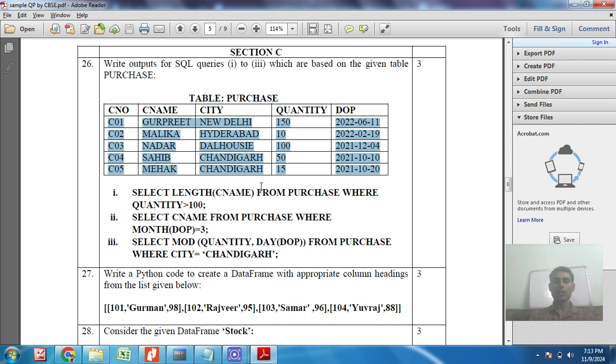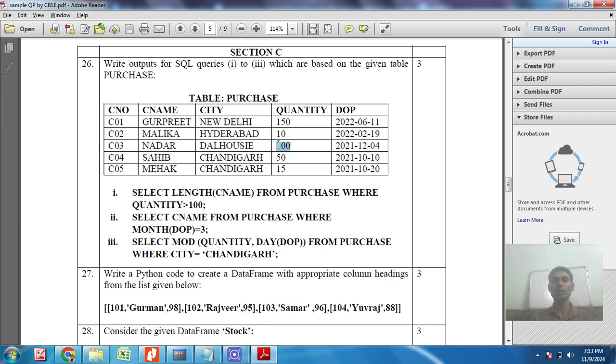The first question is select length of CNAME from purchase where quantity is greater than 100. So we have to find the length of CNAME where the quantity purchased is greater than 100.